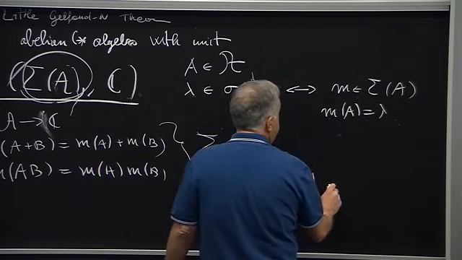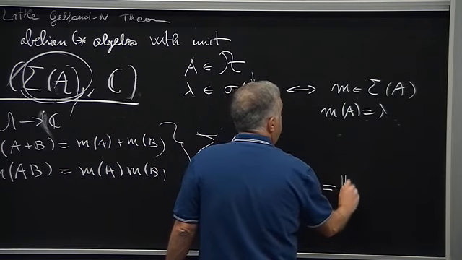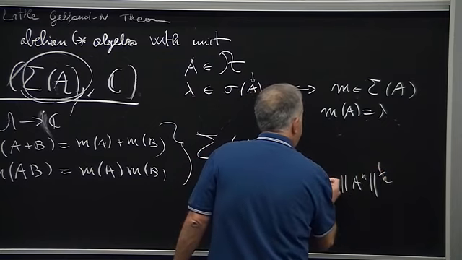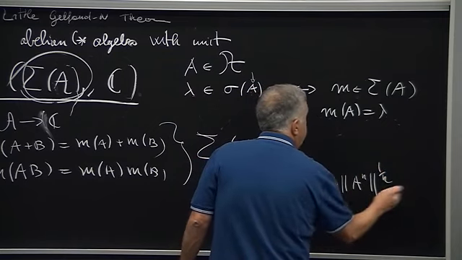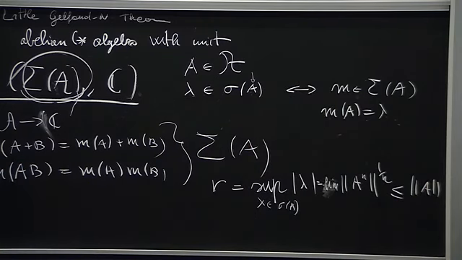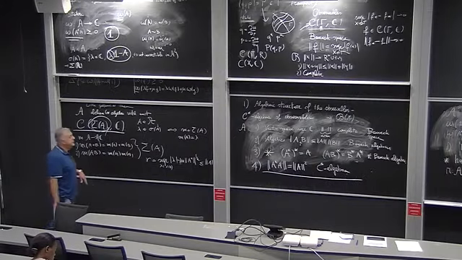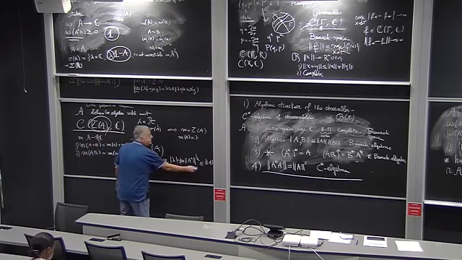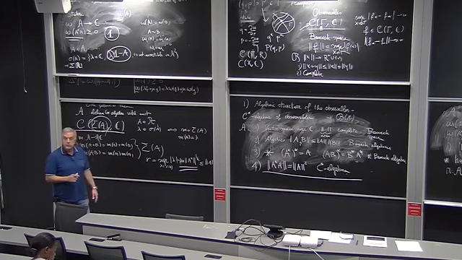This is equal to the limit of the norm of A to the n, to the power 1 over n, and this is less or equal than the norm of A. The only thing that needs to be proven here is that this sequence has a limit. It is standard, similar to what you do in the Hilbert space case.